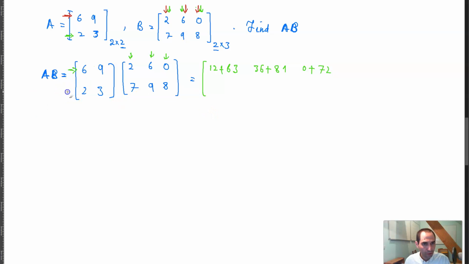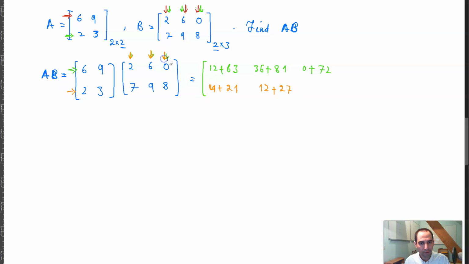Now I will move to the second row and the first column. The second row would be 2 times 2 is equal to 4, plus 3 times 7 is equal to 21. Then I will move to the second column, which is 2 times 6 is equal to 12, plus 3 times 9 is equal to 27.